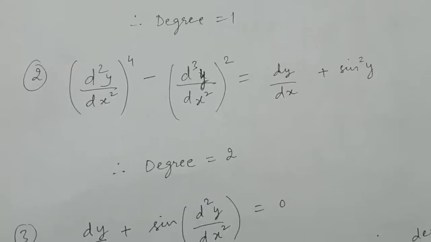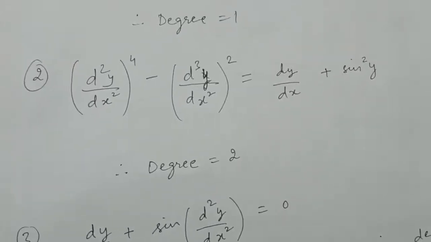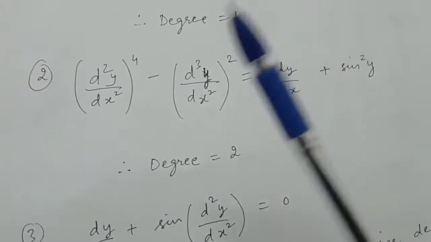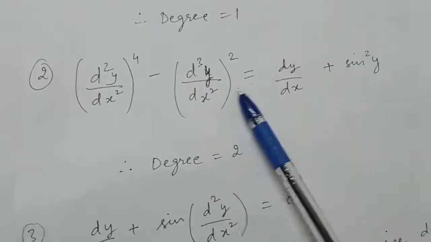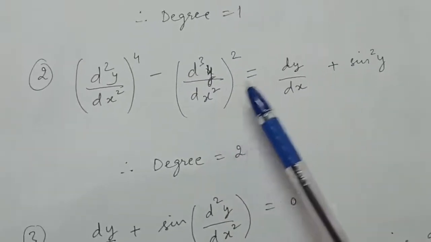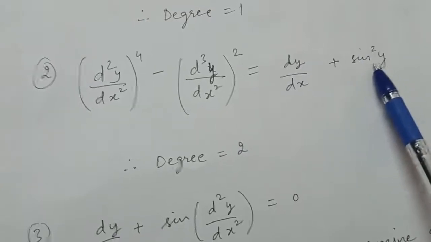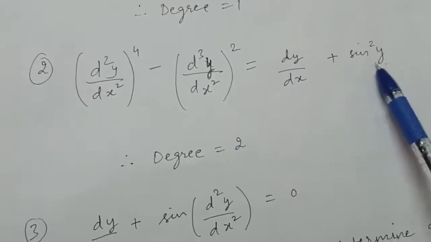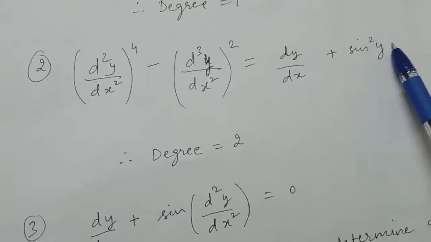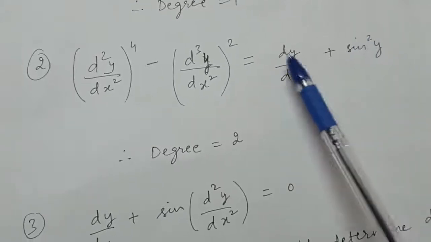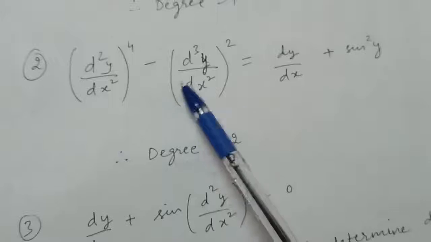Now in second, here also you can see that this equation is also a polynomial equation in terms of derivatives. Now see here, this you can see it is trigonometric function, but it is in terms of y. It is sine square y, which is okay. We want polynomial equation in terms of derivatives, right?